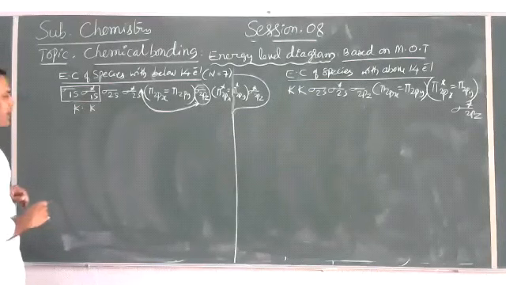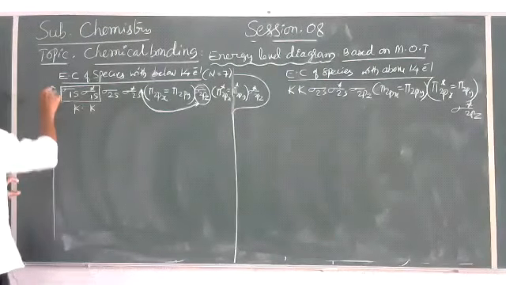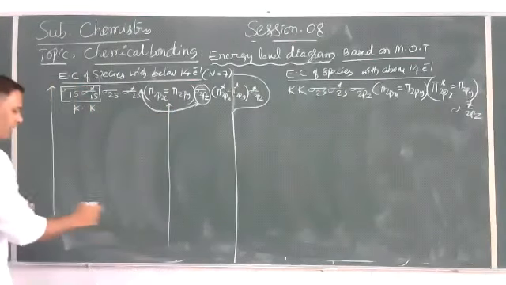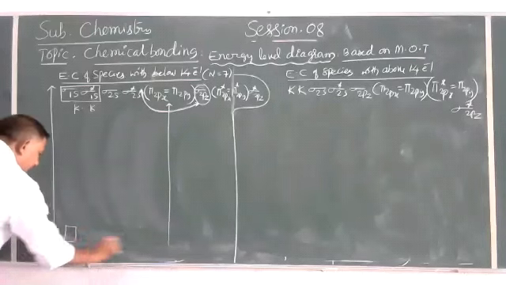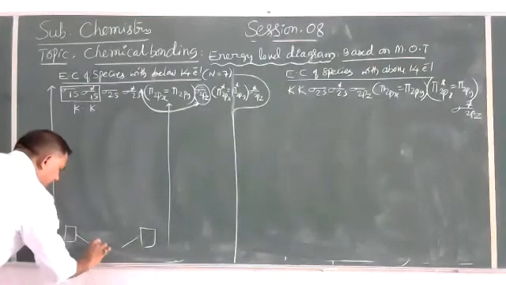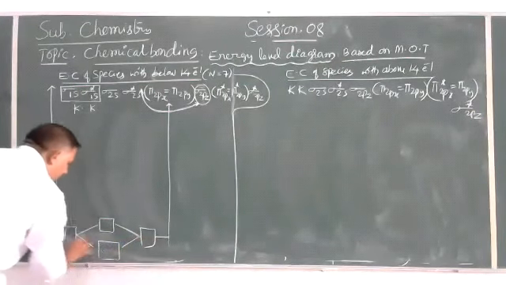A simple rough diagram, in increasing order of energy level. This is one atomic orbital, this is another atomic orbital, linearly combined. These are the 1s orbitals. Linear combination gives a bonding and an anti-bonding molecular orbital.